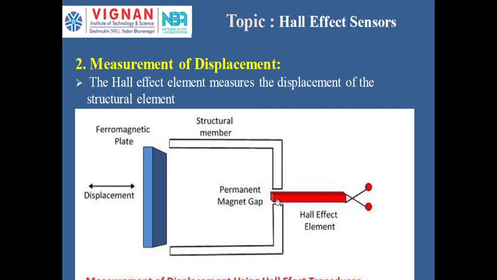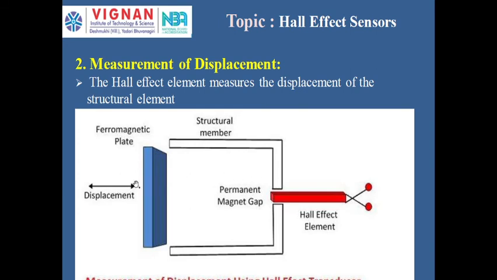So this is the structural member, permanent magnet. So we have to adjust the Hall effect member in the gap of the permanent magnet. So the Hall effect transducer is located in the gap which is adjacent to the permanent magnet. The field strength produced by the permanent magnet in the gap is varied by changing the position of the ferromagnetic plate.